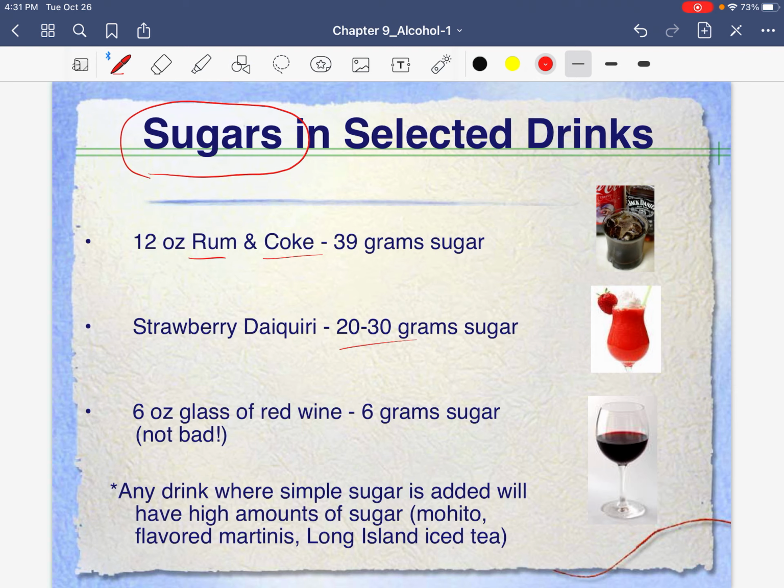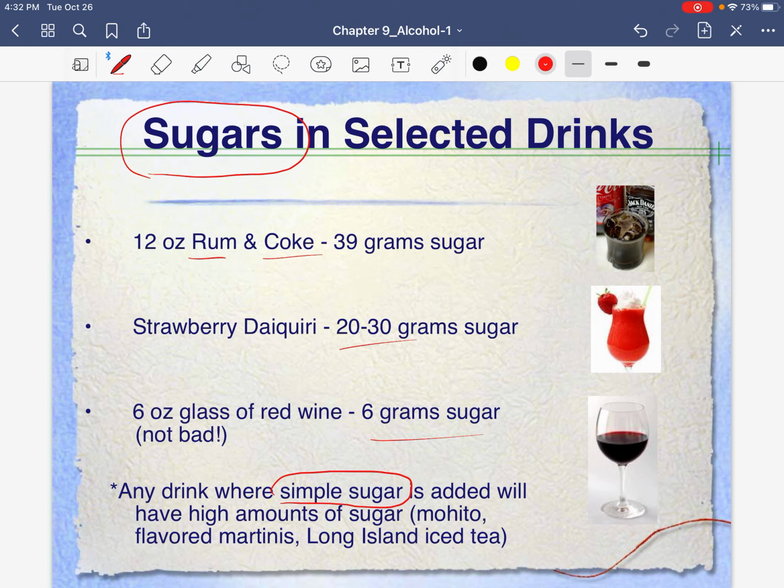Look at the red wine. One of the reasons why maybe of all the alcoholic beverages, the red wine may be more heart healthy. Certainly the strawberry daiquiri is not heart healthy, but one serving of red wine a day doesn't have much sugar. That's good. And if you know anything about bartending or drinks, a lot of the drinks have simple sugar in it.